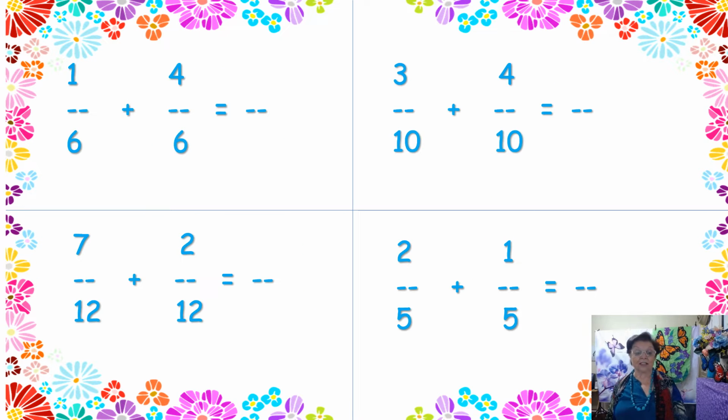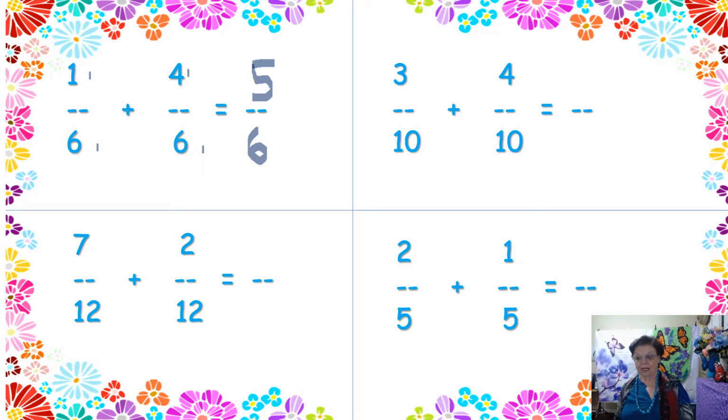Let's look at some more examples. Here are two like fractions, a 6 and a 6. So I already know that the denominator is going to be 6. And then I'm just going to add 1 plus 4 is 5. You just add the numerators straight across, and there's your answer. The same here.